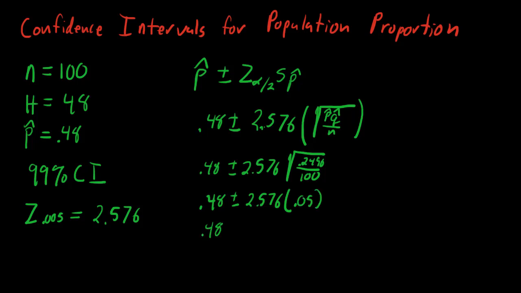So for our confidence interval, 0.48 plus or minus 2.576 times 0.05, we get 0.1288, which makes our confidence interval 0.3512 up through 0.6088. So we're 99% confident that our p-value, or the true proportion, is within that interval of 0.35 up through 0.60.